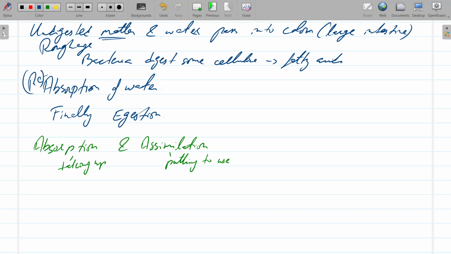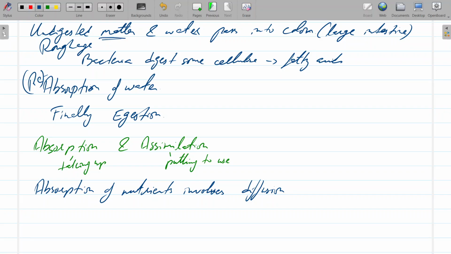So keep in mind that for absorption of these nutrients, the three processes of transport of molecules, diffusion, osmosis, and active transport, all three of these are involved, right? So absorption of nutrients involves diffusion, which is something you would expect to happen because you've eaten food, and absorption happens in the small intestine, right?